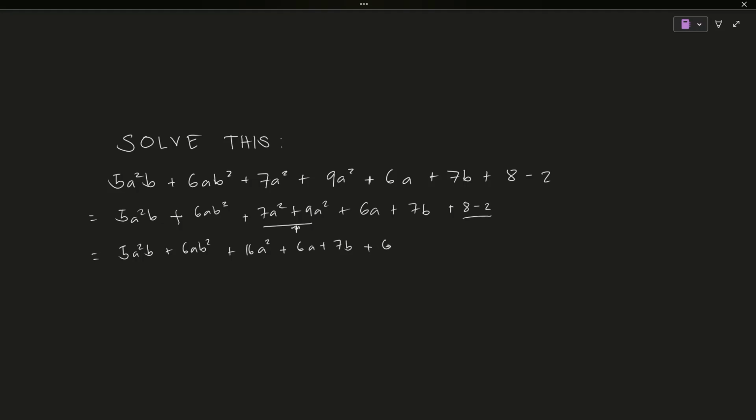So therefore, or positive 6. Let's just put the positive 6 here. So let's check if there are still like terms. I think none. Therefore, this is our final answer.